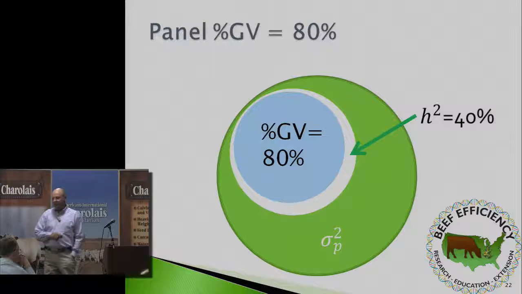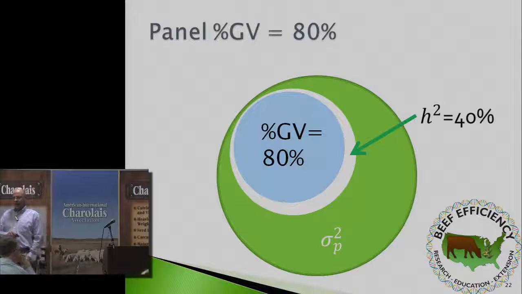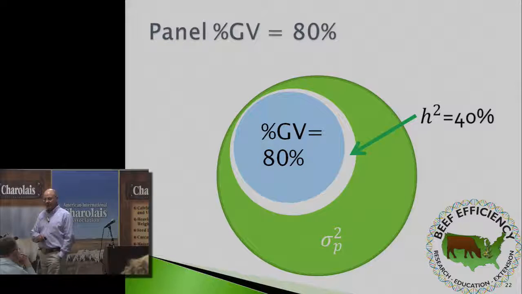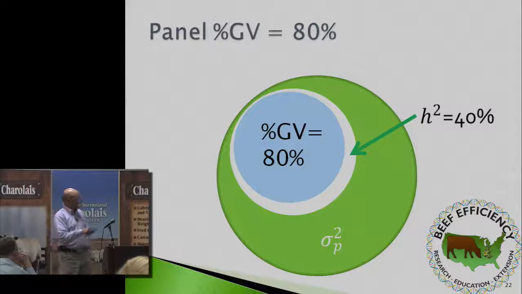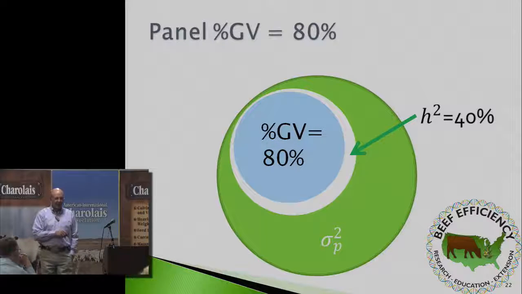But what do we know then if we have a panel that describes a large chunk of the genetic variation? In this case, 80% of the genetic variation. It soaks up almost all but 20% of the genetic variation in the trait. We describe much more of the phenotypic variation as well. Okay? What we'd expect is if we calculated the contribution to accuracy from this particular marker panel versus the previous one, this one would do a lot better job because it explains more of the genetic variation in that particular trait.